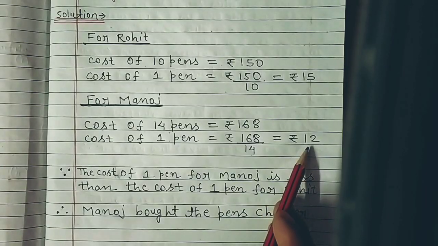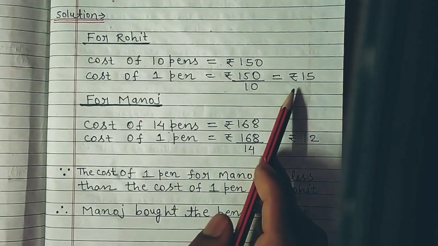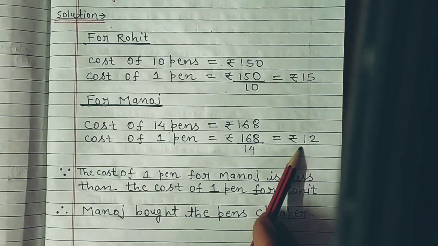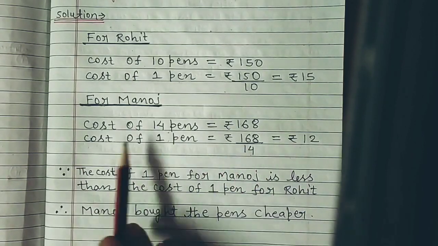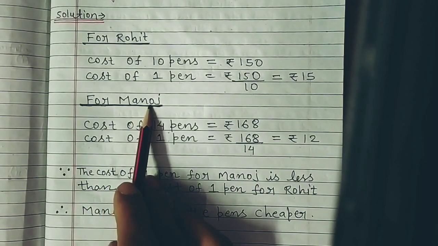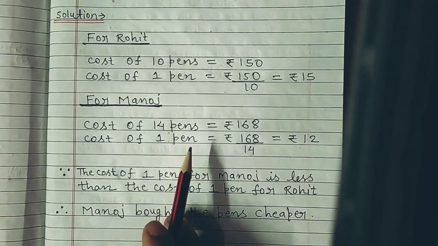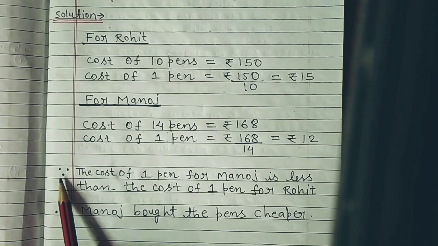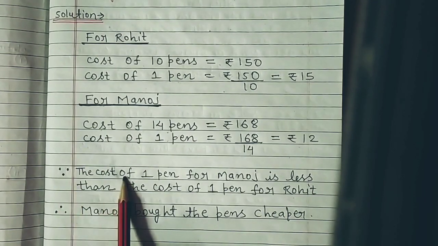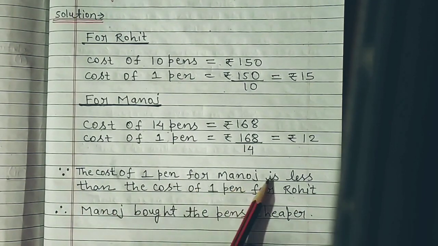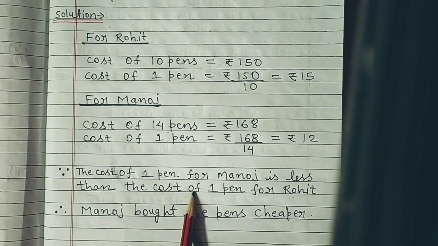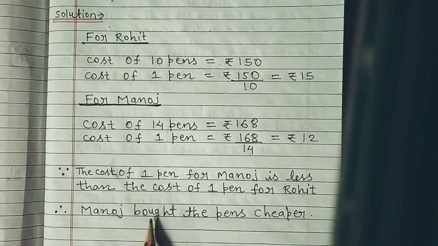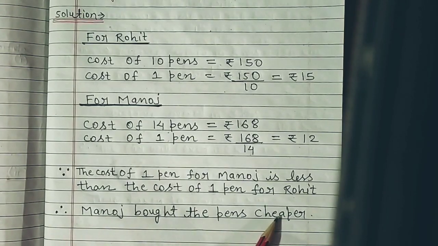So rupees 12 is less than rupees 15, and this rupees 12 is the cost of one pen for Manoj. So Manoj bought the pens cheaper. I have written here the cost of one pen for Manoj is less than the cost of one pen for Rohit. Therefore Manoj bought the pens cheaper. Clear?